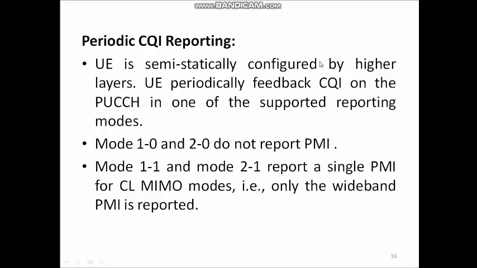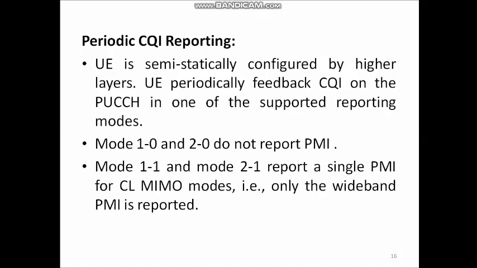Okay, next let us consider periodic CQI reporting. This periodic CQI feedback is useful for scheduling and adaptive modulation and coding. It can also be used to check MIMO mode or transmission mode. User equipment is statically configured by higher layers, and user equipment periodically feeds back CQI on the PUCCH in one of the supported reporting modes, that is wideband or user equipment selected subband CQI is used here.